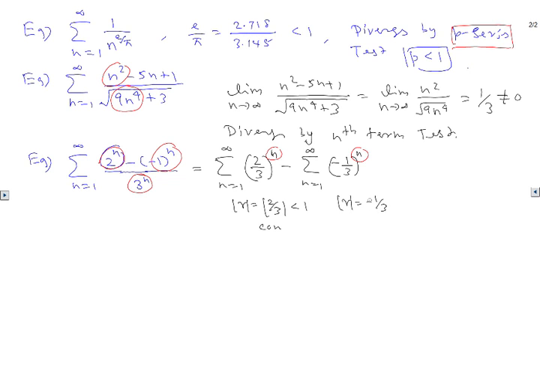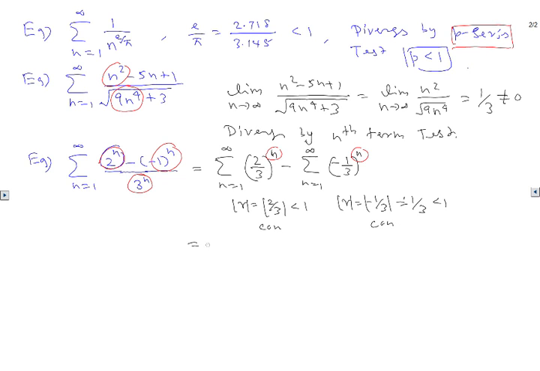Once you look at the absolute value, which is 1/3, which is less than 1, so it's going to converge again. If at least one of them diverges, the whole series diverges, so you cannot talk about any sum. But in this case, both converge, so that means you can find the sum.